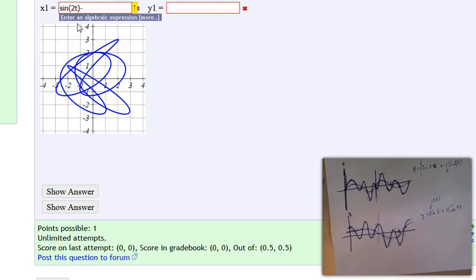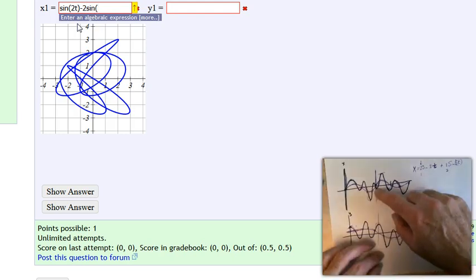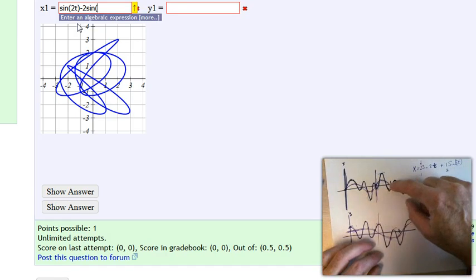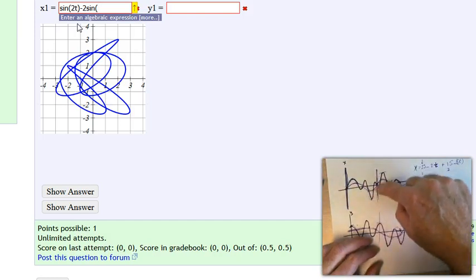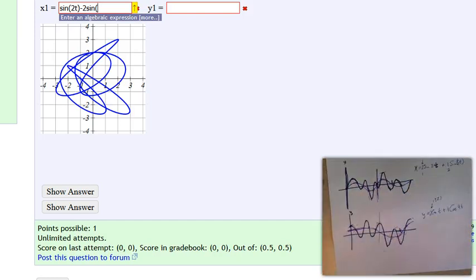And then I'm going to do minus 2 sine. And how many did we say? There's 1, 2, 3, 4, 5. So 5t.